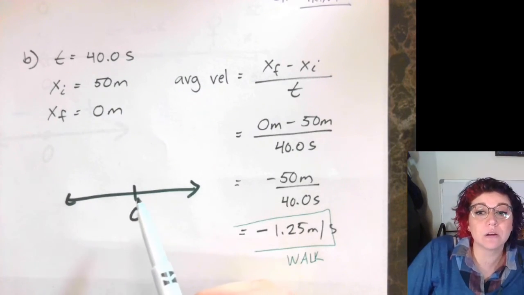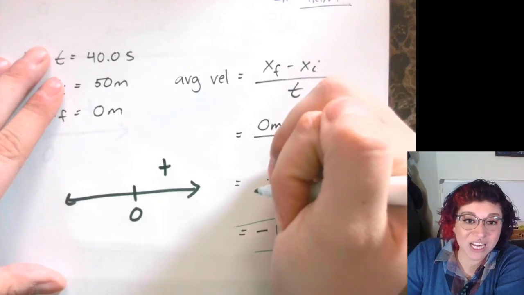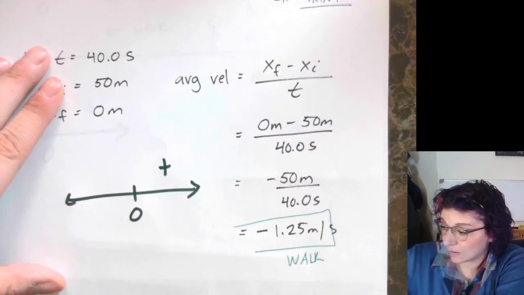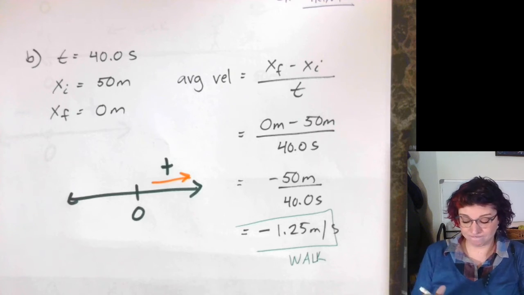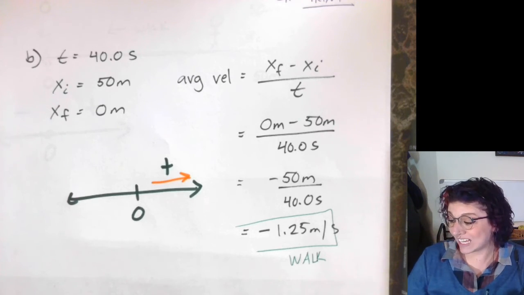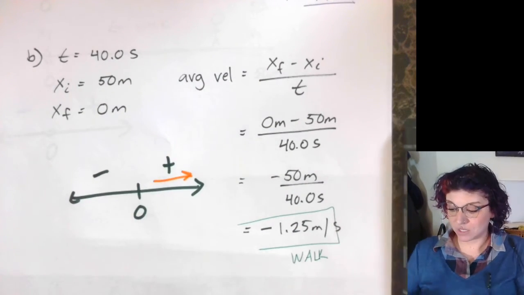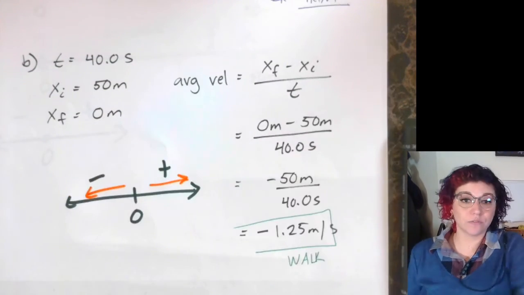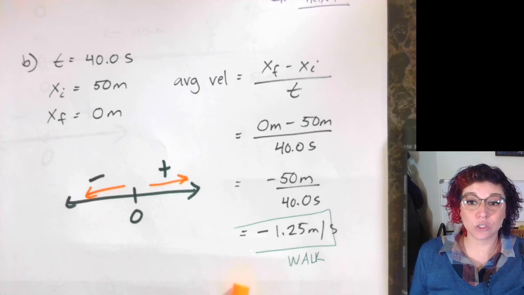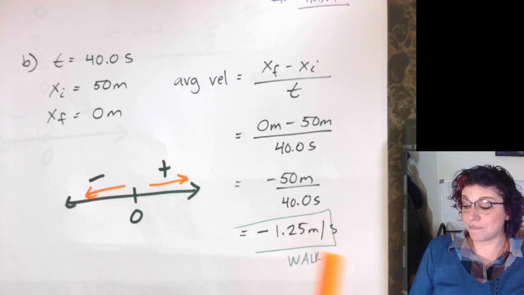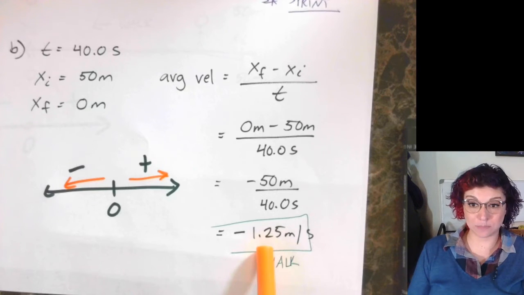If you start at 0 and you end up with a positive velocity, that means you're moving in this direction, to the right. But if you were moving in the opposite direction, like during the walking portion, you're going to have a negative velocity. So again, positive and negative tell you direction. The magnitude, the actual number, is telling you the speed.